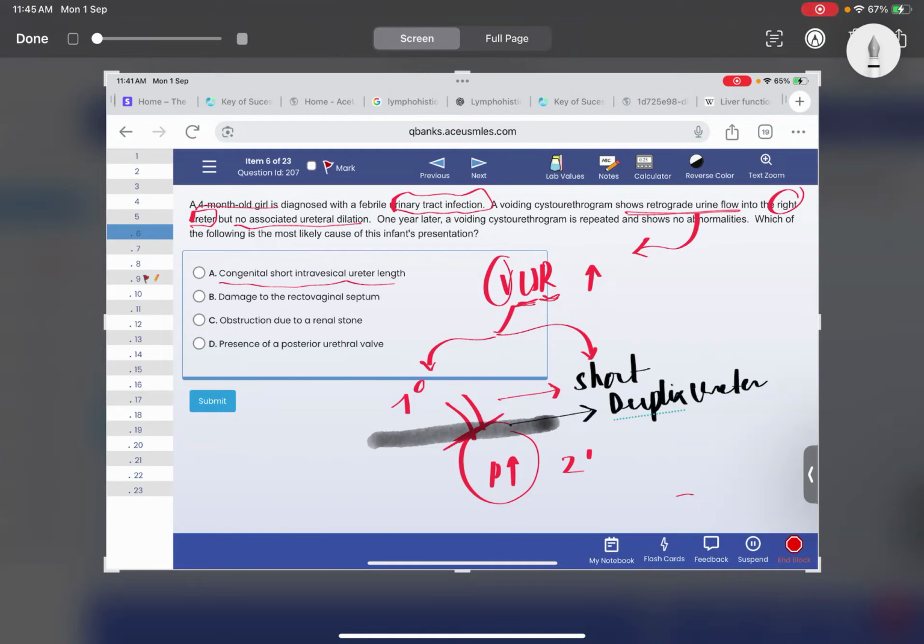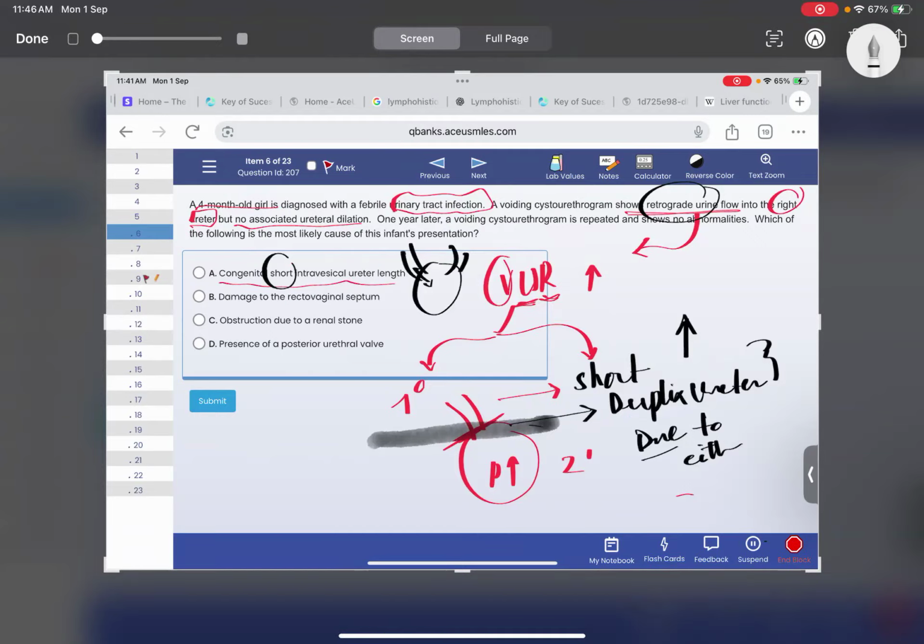Both are abnormal ureters, and it will cause retrograde urine flow due to either blockage, or the short ureter is not anatomically inserted correctly.